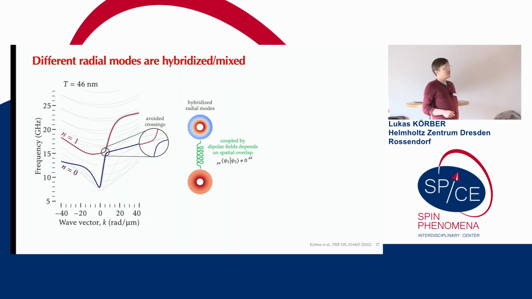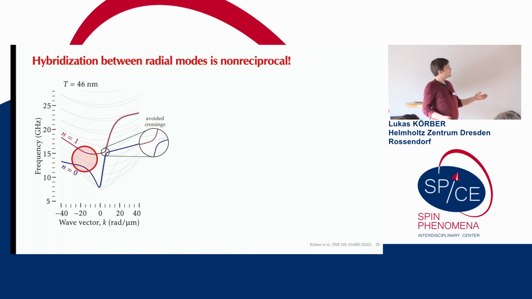So let's focus only on the hybridization of these modes with the same number of azimuthal periods, in this case 0. Okay, so we know now these modes are hybridized. They share avoided level crossings with each other. And if we look, we see that for the negative propagation direction, they are also hybridized.